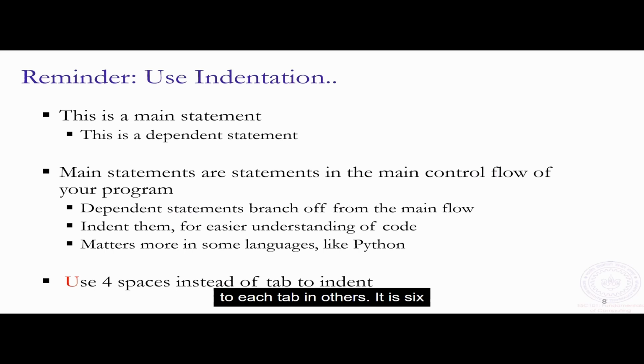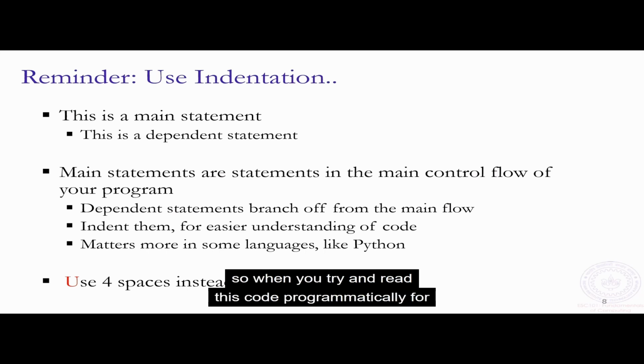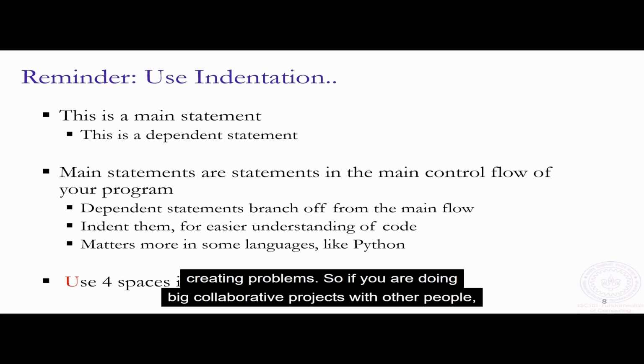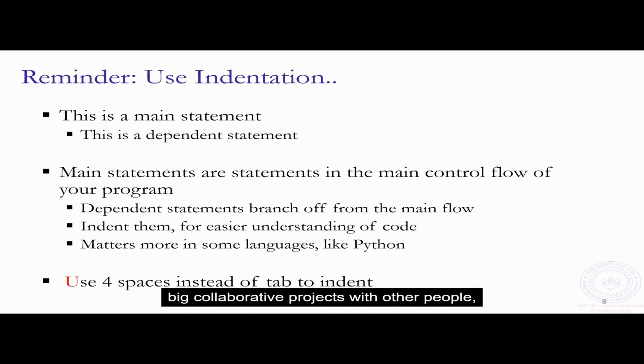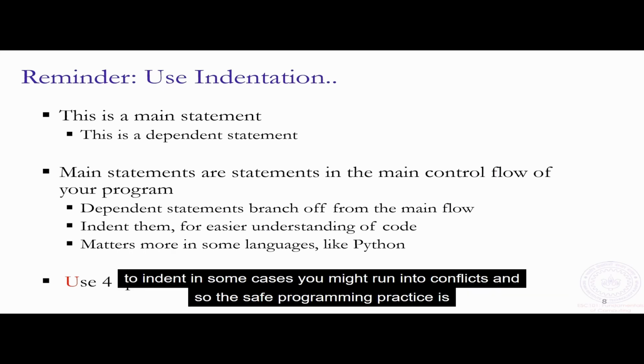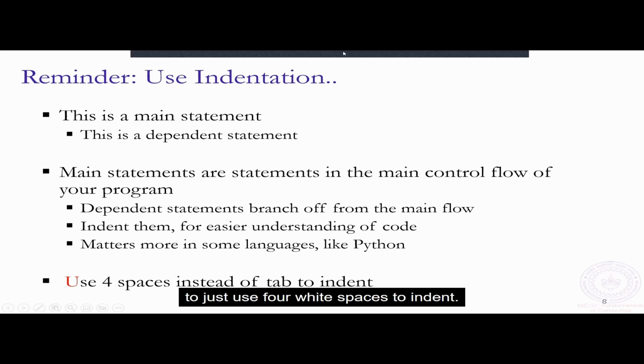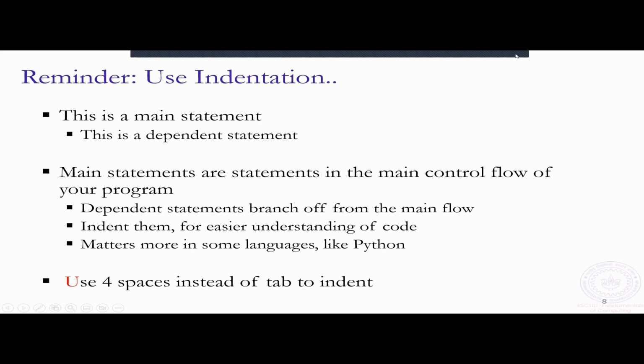In others, it is 6. In others, it is 2. And so when you try and read this code programmatically, it ends up creating problems. So if you are doing big collaborative projects with other people, which you might be in future, if you use tab to indent, in some cases you might run into conflicts. And so the safe programming practice is to just use 4 white spaces to indent.